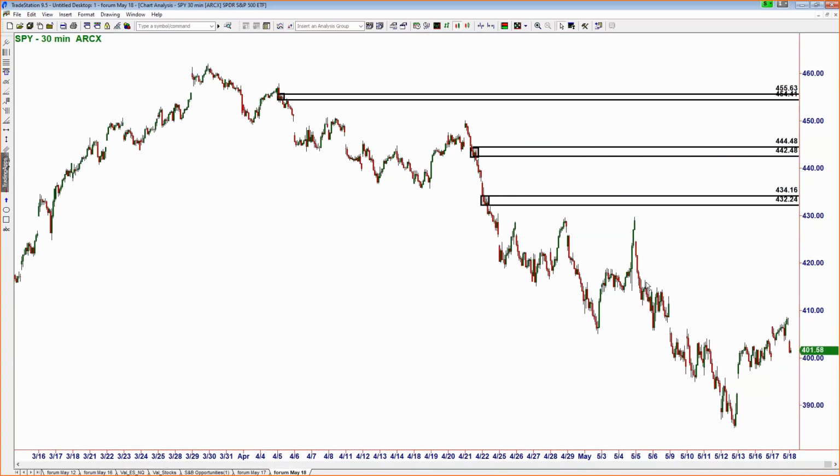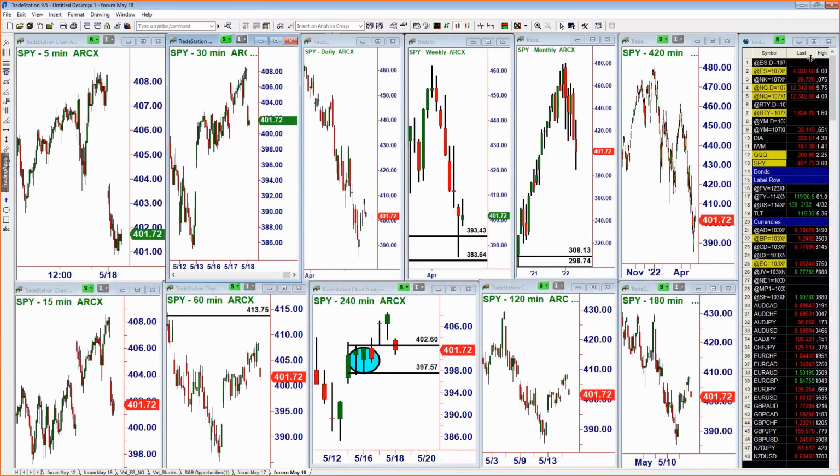But if this gets taken out, now the profit zone would open up from here all the way up to here. And that's what we're looking for, as a day trader, swing trader, longer term investor. Make sense? And this is above the highs of just a couple weeks ago. But we need those profit zones to open up. That is the S&P.